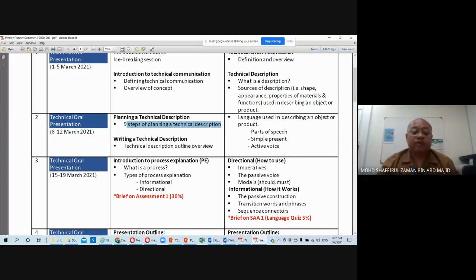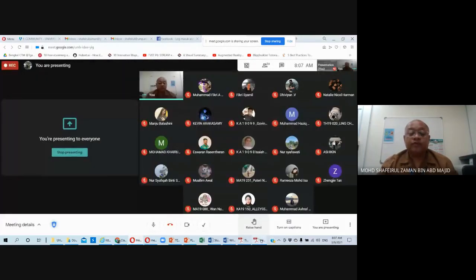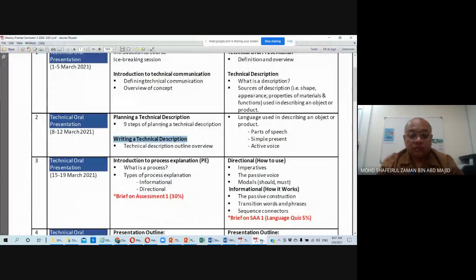Apart from that, in our first meeting we're going to look at how to write a technical description: the outline and how you are going to organize your writing. What you need to put in your technical description when it comes to the writing part will also be taught in this meeting.